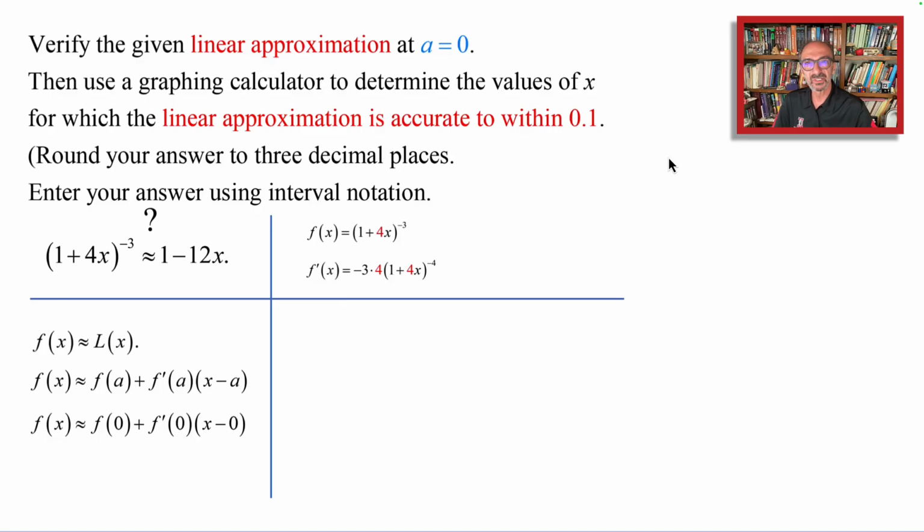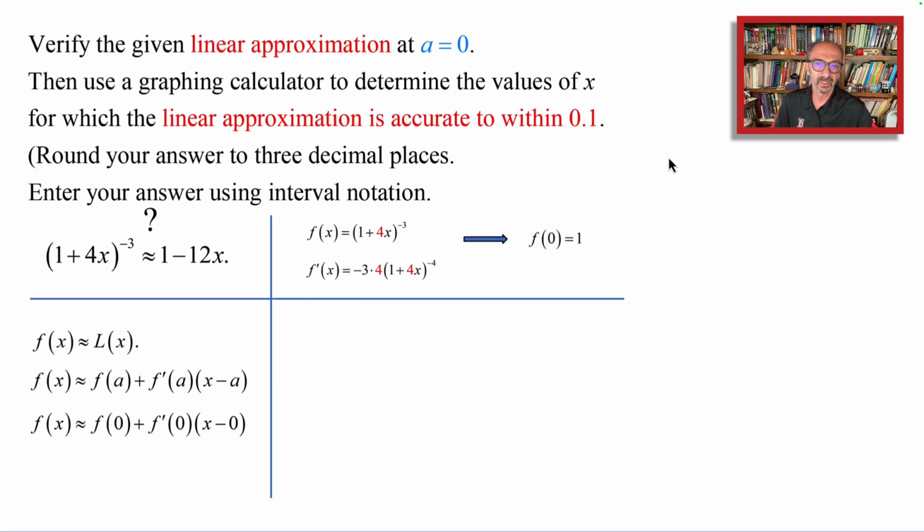So we have f of x is approximate to f of 0. Notice the left side is the curve, and the right side is L of x, or the equation of the tangent line. So we have f, we're going to plug in 0 in it to find f of 0. We have f prime, we're going to plug in 0 in it and find f prime of 0. As simple as that.